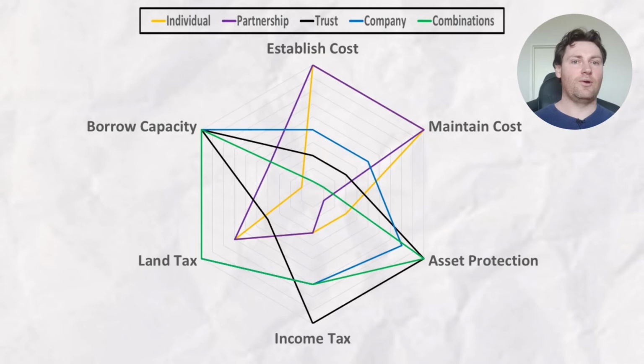To close out, what I've done is I provided a spider chart here with some of the advantages and disadvantages with each of the 5 investing structures that you can use to purchase real estate. Either the individual, the partnership, the trust, the company, or a combination of those 4. If you're to take a look at it in summary, the individual and partnership has the best scores for the establishment and maintenance costs. They do not cost much other than what you would already be paying throughout a financial tax year.